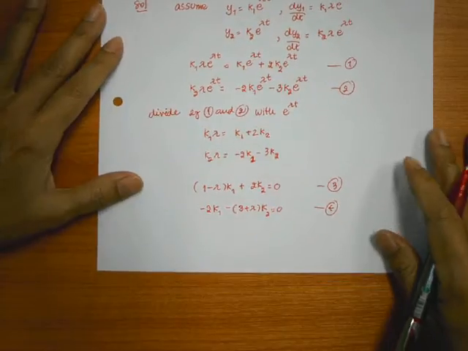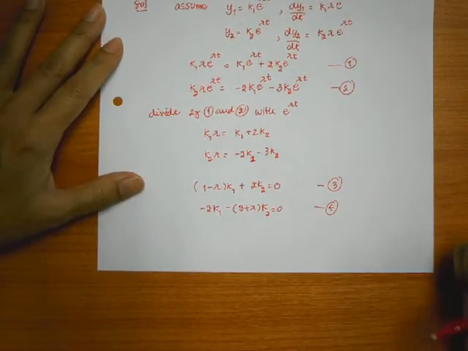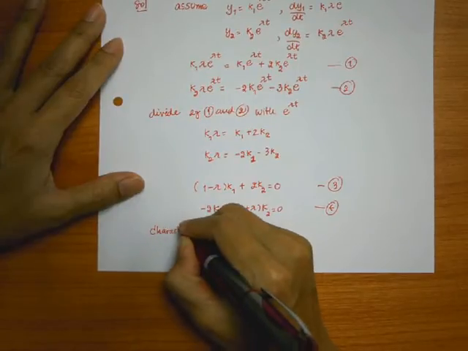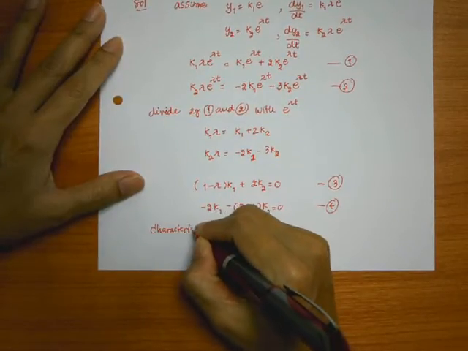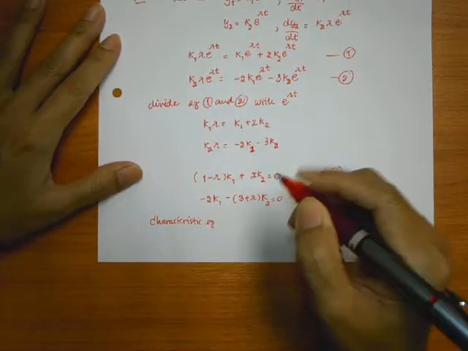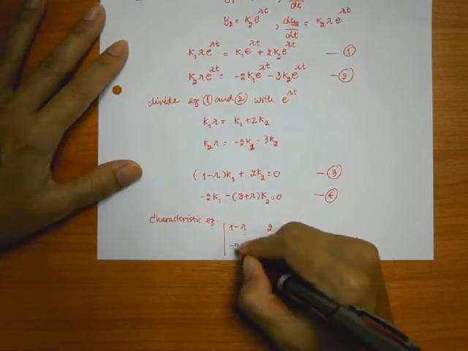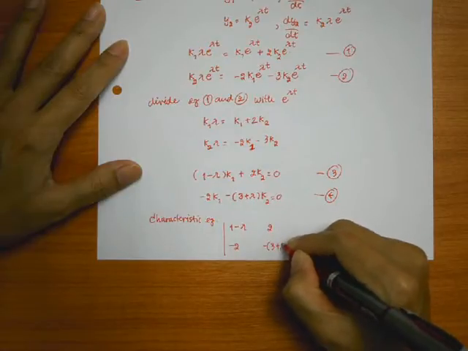From these 3 and 4, we can write out our characteristic equation, which is the determinant of 1 minus lambda, 2, minus 2, minus 3 plus lambda equal to 0.